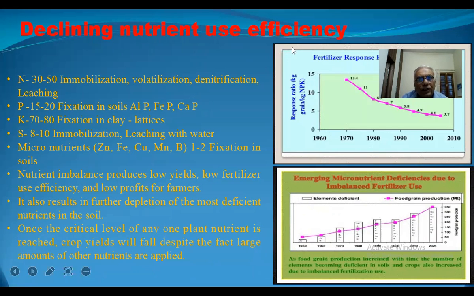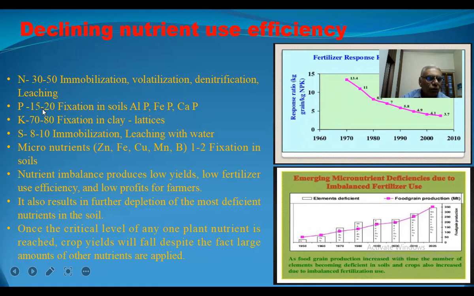Decline in nutrient use efficiency. Today, we are observing that although we are applying more fertilizer to the soil, the crop response has declined. Nitrogen: 30 to 50% is lost through immobilization, volatilization, denitrification, and leaching.